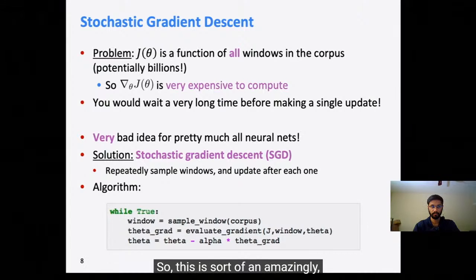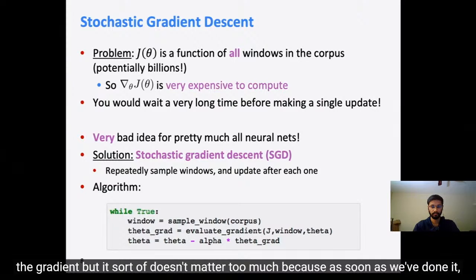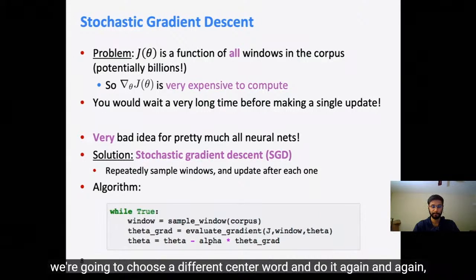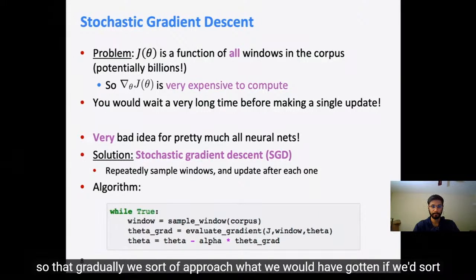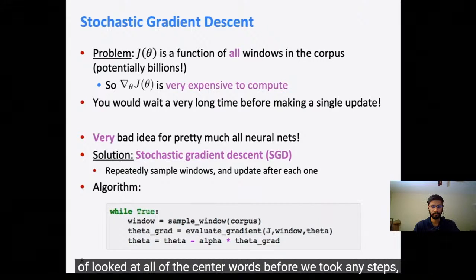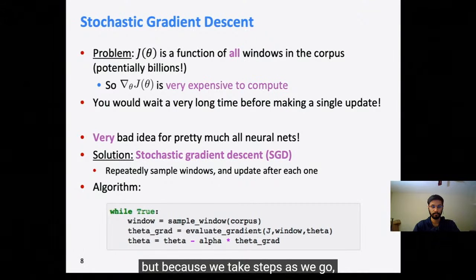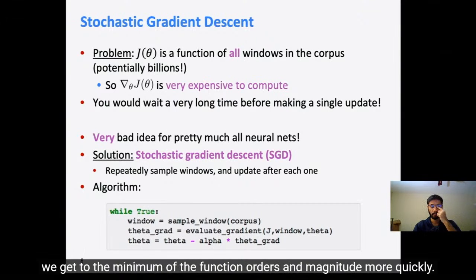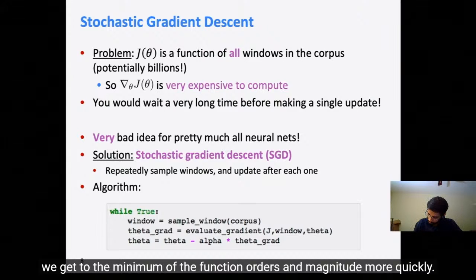So this is an amazingly noisy estimate of the gradient, but it doesn't matter too much, because as soon as we've done it, we're going to choose a different center word and do it again and again, so that gradually we approach what we would have gotten if we'd looked at all of the center words before we took any steps. But because we take steps as we go, we get to the minimum of the function orders of magnitude more quickly.